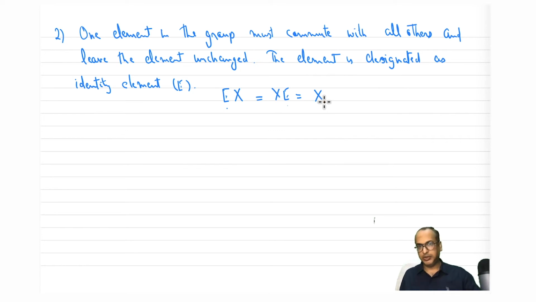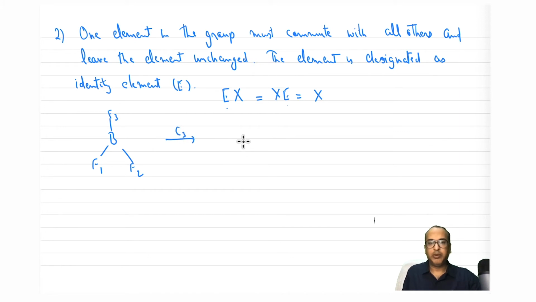So this is easy to show. You can take any molecule, perform a symmetry operation, perform the identity operation, and then do it in reverse order and see if it is equal to just the operation. I will take one example over here, which I know is very easy to follow, but just in case. Let's say I do the C3 operation.